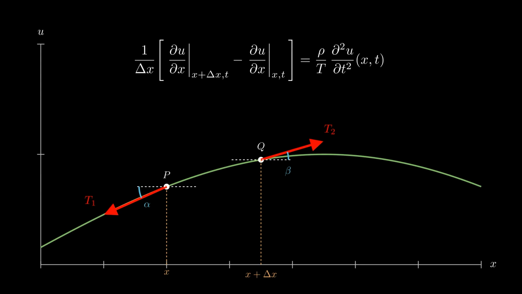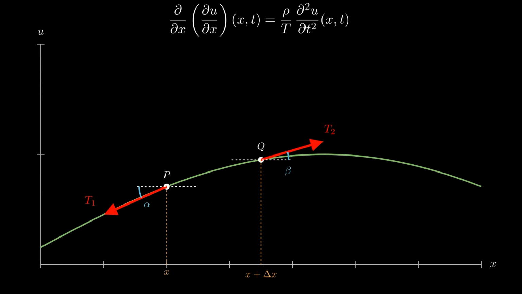And after doing some more derivation, we divide both sides by delta x, and because of the slope, and having delta x go to 0, taking the limit is basically taking the derivative.